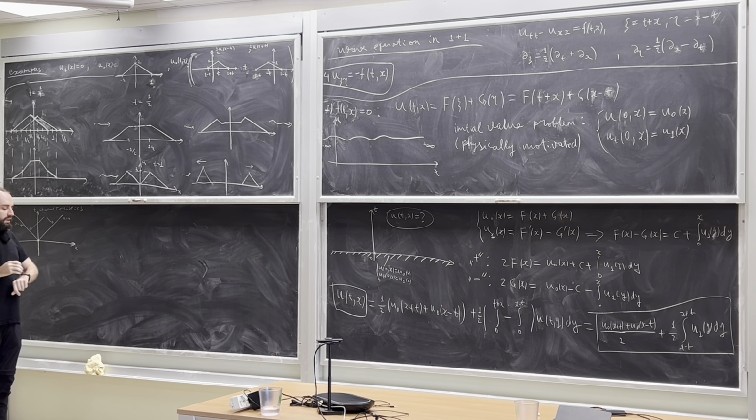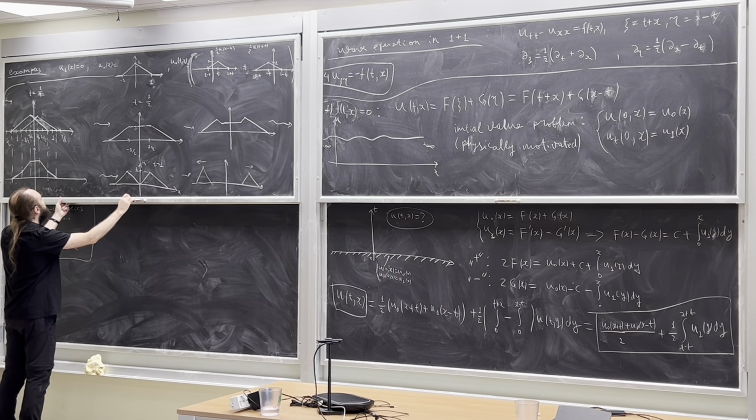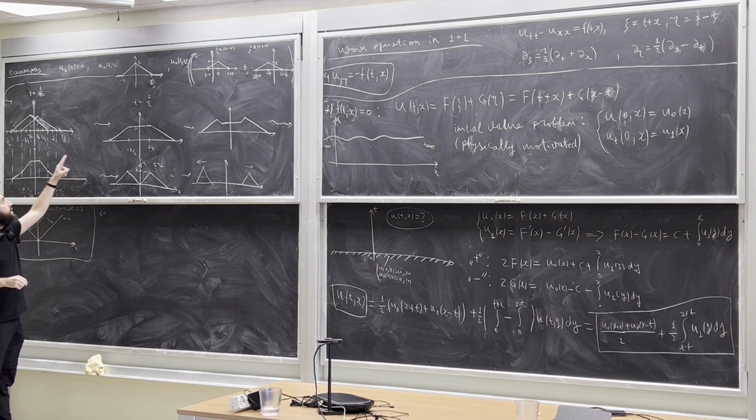By the way, let us look at one more example of what happens if we consider the opposite situation, when the initial value is zero and the initial derivative is something. Let us see what happens when u0 of x equals 0.